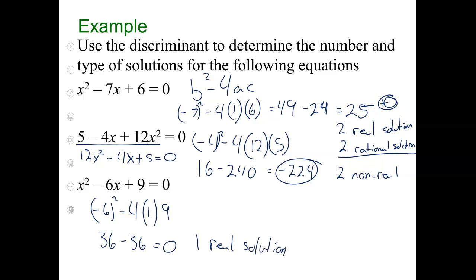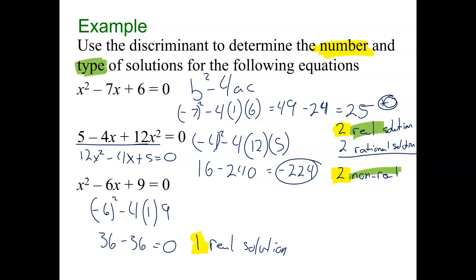Okay. So let me highlight some stuff. Alright. So determine the number. That's a number, that's a number, that's a number. Determine the number, it's either going to be 1 or 2, of solutions. And determine the type.